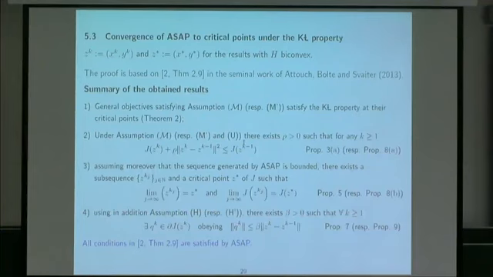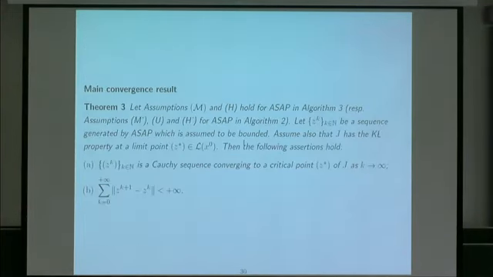The final proof is based on a result that was established by Attouch, Bolte, and Svaiter, and all these points are the necessary requirements to apply this theorem. Following this claim, we can establish that the sequence produced by our algorithm is a Cauchy sequence.